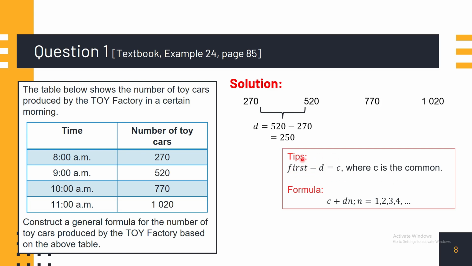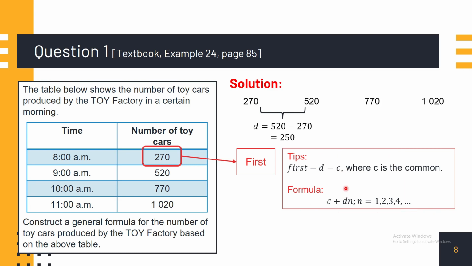This is the formula to determine the common. d we already found, which is the gap between these two, and the first value from this data is 270. If we already determine all these values, we must insert them into this formula. This will be our final answer.